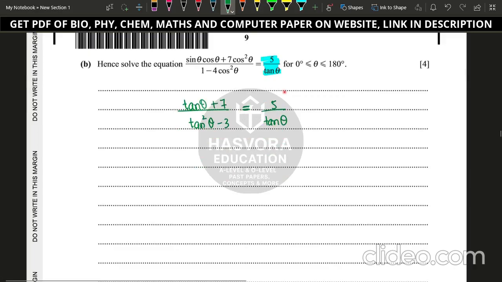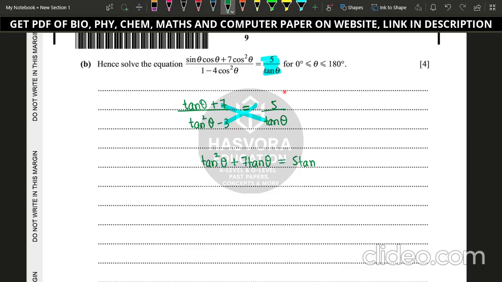Now you can just simplify this. Just cross multiply, and this becomes 5 tan square theta plus 7 tan theta is equal to 5 tan. Actually, this is not 5, sorry.